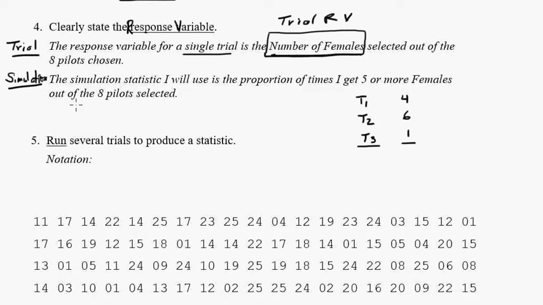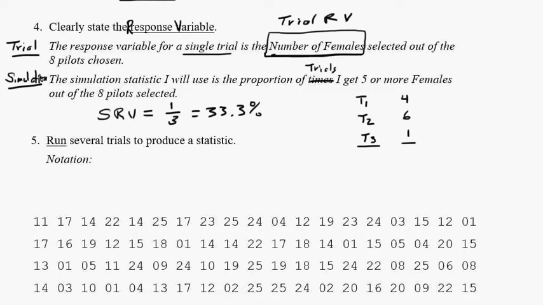But now for the simulation, we calculate the proportion of trials in which I get 5 or more females. So the simulation response variable in this case would be 1 out of 3, or 33.3% of the time.